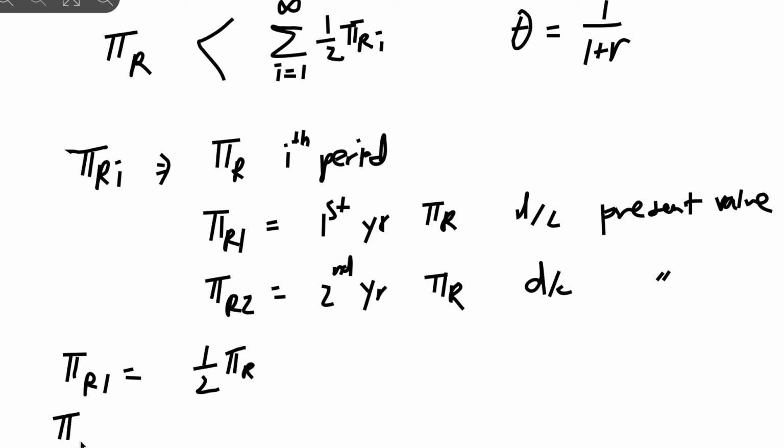What about the profit of R2, second year? We get half of the profit of retailing, but we have to discount it to current value, right? So times theta.